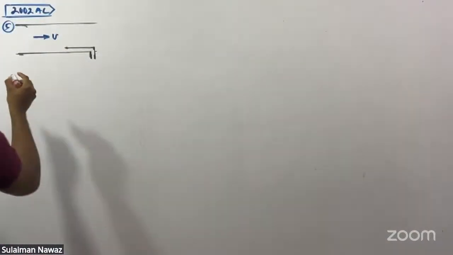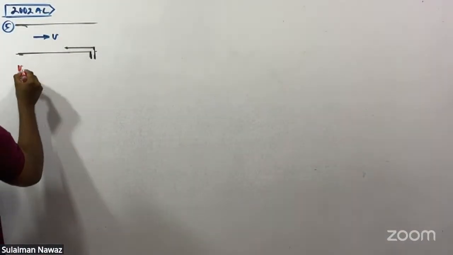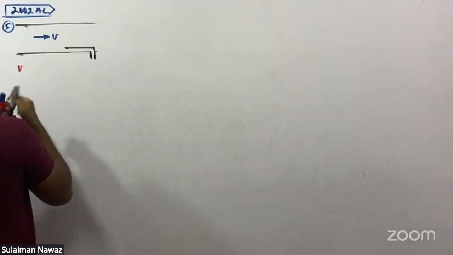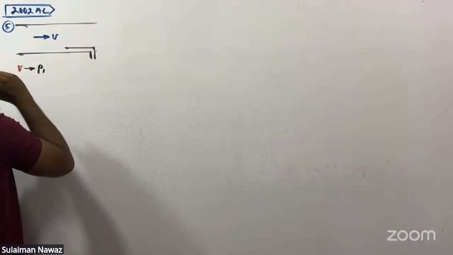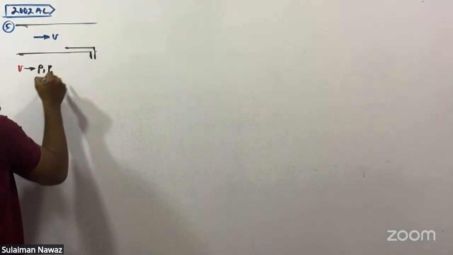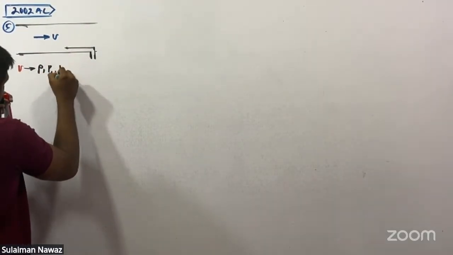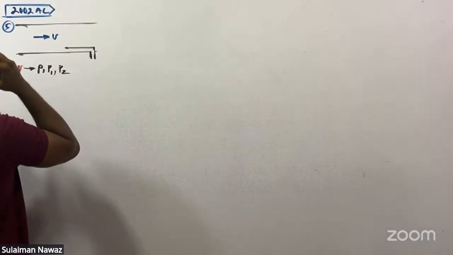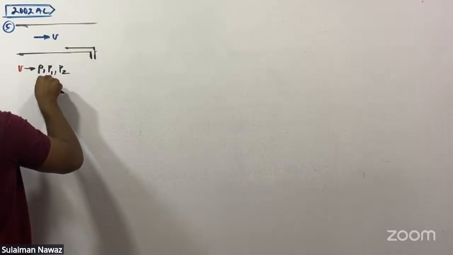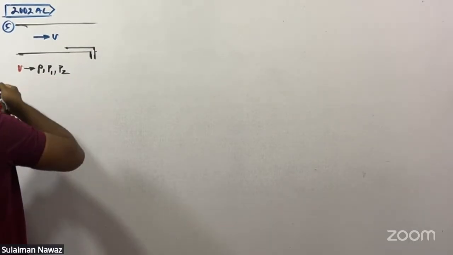We want to find this V in terms of the density of this fluid, rho, the pressure measured by manometer B and the pressure measured by manometer A. That's our target, right? Okay.